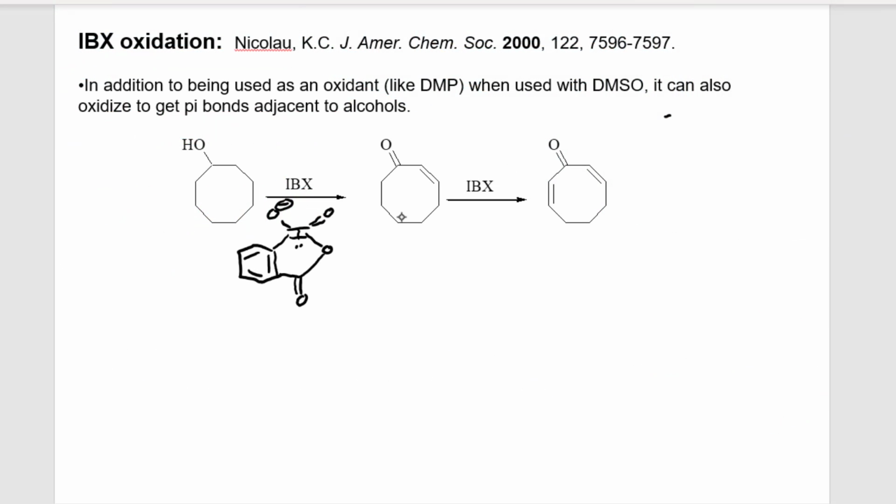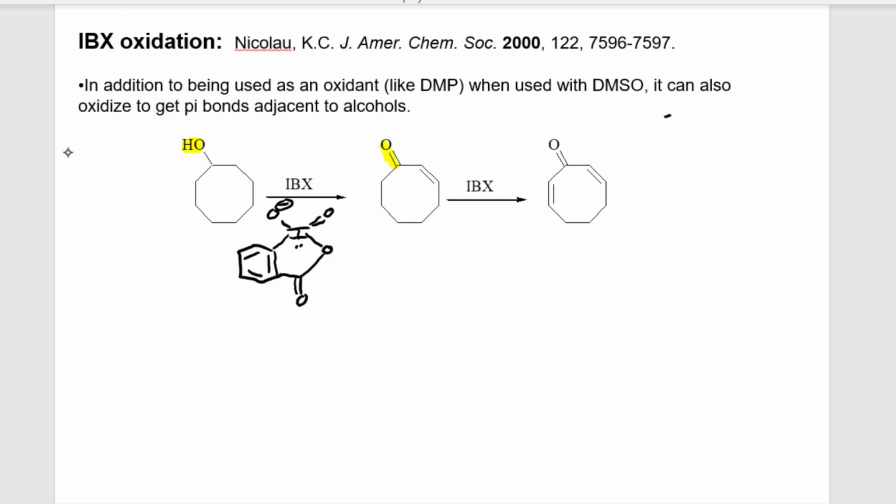In this follow along, we'll take a look at an interesting article by Nicolau published in 2000 on IBX as an oxidant. Now, what I like about this reaction and why I highlight it is because we started with an alcohol and we oxidize the alcohol.